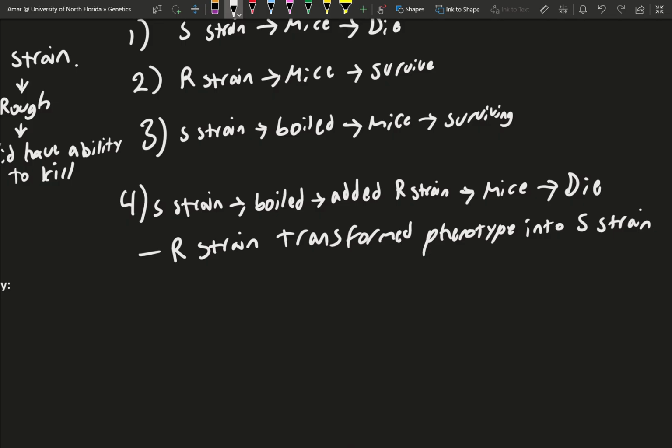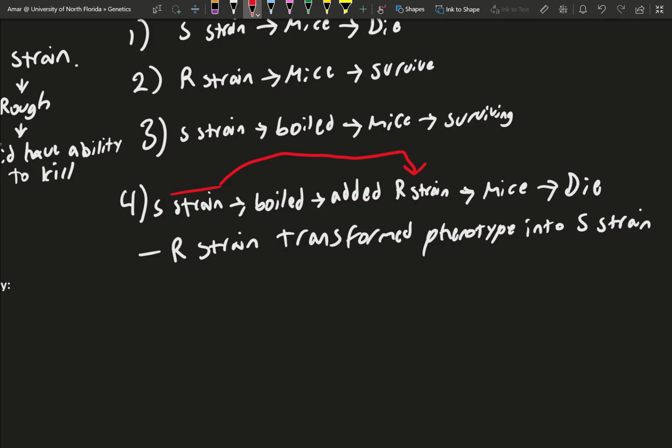The main key takeaway, especially from a genetic standpoint, because he wasn't really focused on answering our question here, he just stumbled upon it, was that something from this S strain is allowing us to transform our R strain into the S strain.